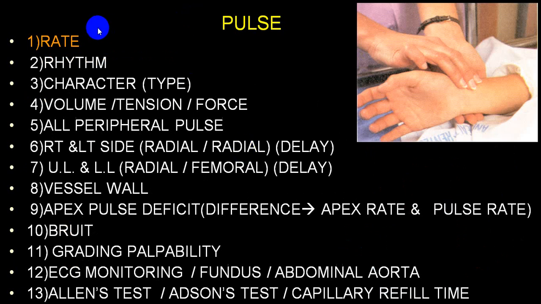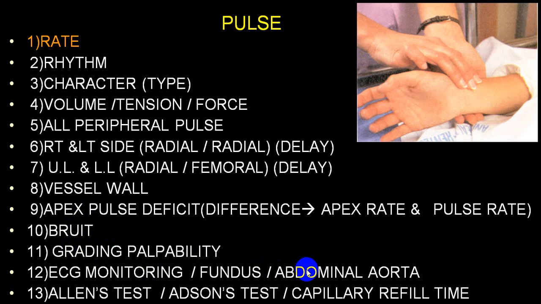Now we'll be talking on some of the parts. At present we'll be talking on three: rate, rhythm and character of the pulse in this particular chapter. In the next lecture we'll be talking on the others, that is volume, tension, force. You palpate all peripheral pulses, compare right with left side, upper limb with lower limb, look for vessel wall, apex pulse deficit, look for bruit, grading of palpable pulse.